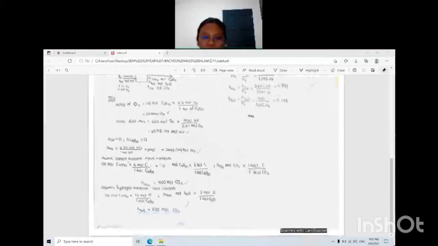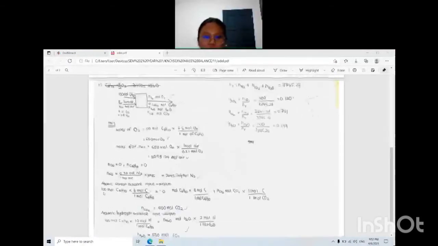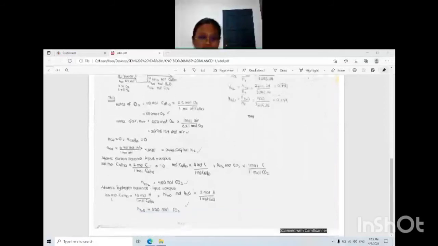And then we just have 100 mole of butane times 4 mole of carbon atom over 1 mole of butane equal to 0 mole of butane times 4 mole of carbon over 1 mole of butane plus number of mole of carbon dioxide times 1 mole of carbon over 1 mole of carbon dioxide. Then we get number of mole of carbon dioxide is 400 mole.